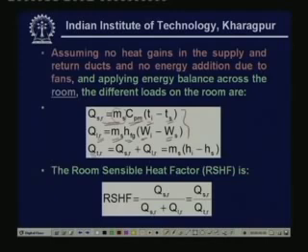Total heat transfer rate QTR is nothing but sensible heat transfer rate plus latent heat transfer rate. So that is nothing but mass flow rate of the supply air multiplied by the enthalpy rise of the air as it flows through the conditioned space. Here HI is the exit enthalpy of the air and HS is the inlet enthalpy of the air or supply air. Okay, and the room sensible heat factor, as you have seen, RSHF is simply defined as the ratio of the sensible heat transfer to the total heat transfer. Okay, QSR divided by QTR.